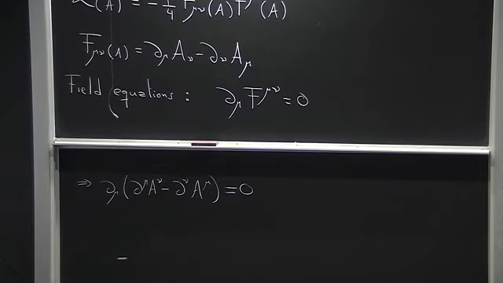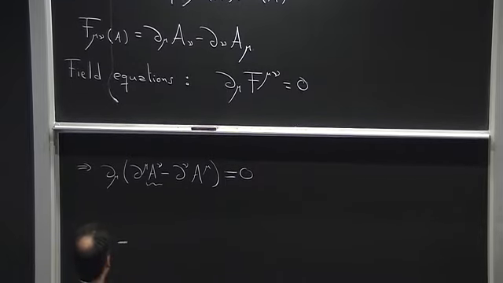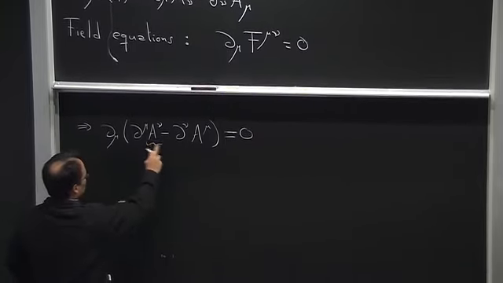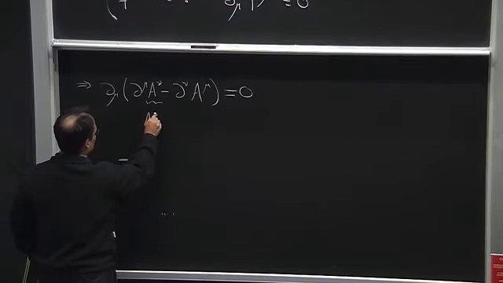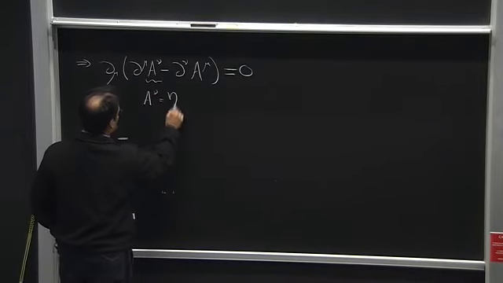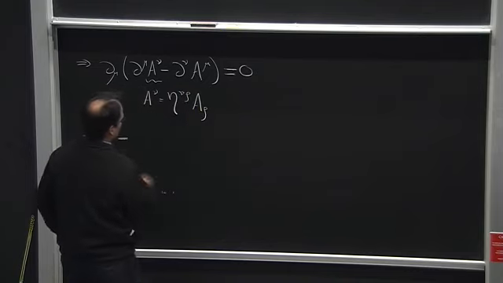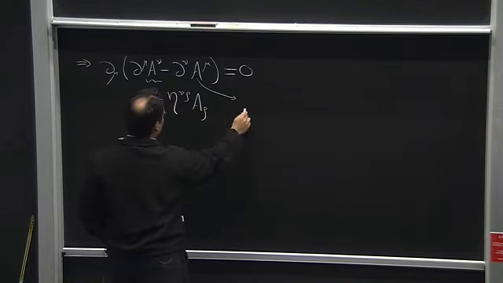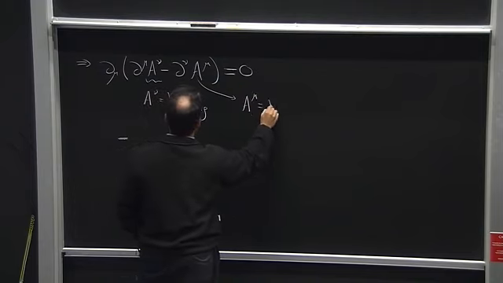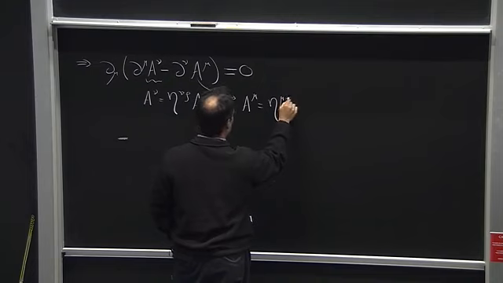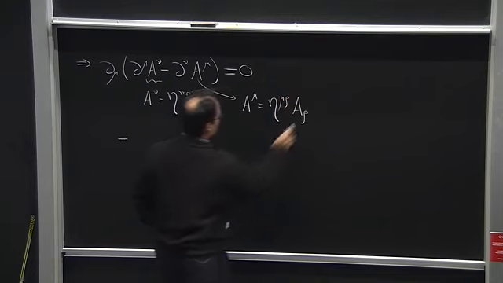Now it might be convenient to write this in such a way that we can pull out a factor of A always, of the same component. So one trick to do that is to write this A nu as, say, eta nu rho, A rho, and we can write this A mu as eta mu rho, A rho.